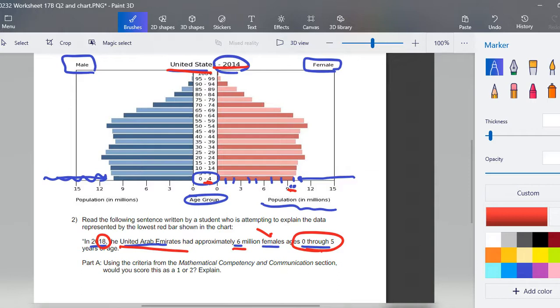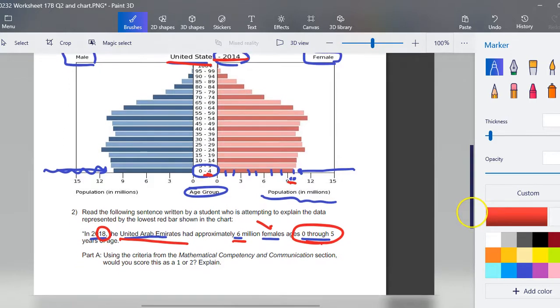So moving on to part B, rewrite the student's sentence above to improve it to a score of 3 or 4. And just looking at the rubric, a score of 3 would be mathematical evidence and conclusions are correct, but not clearly communicated to the general audience. And then a 4, which is what we want, mathematical evidence and conclusions are correct and clearly communicated to the general audience.